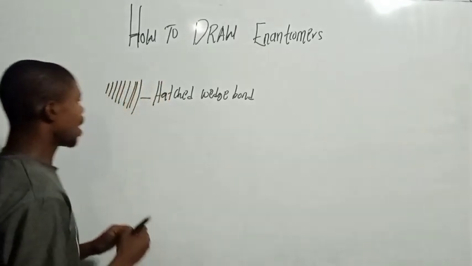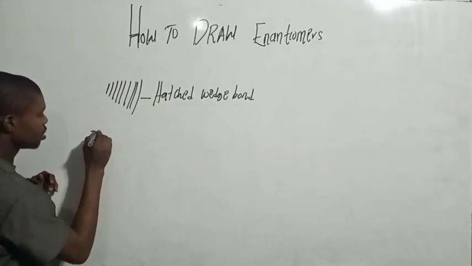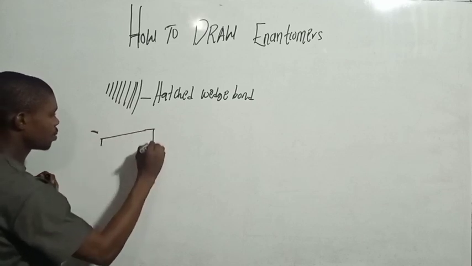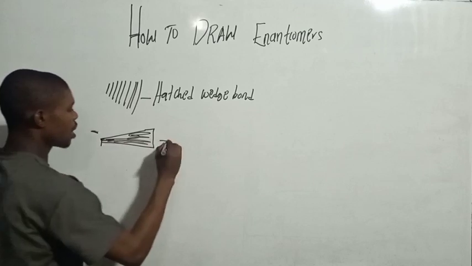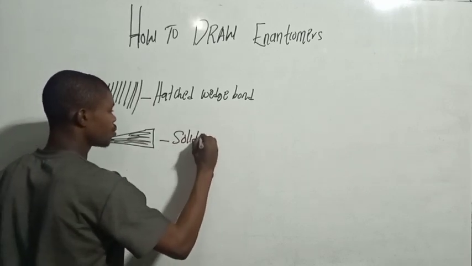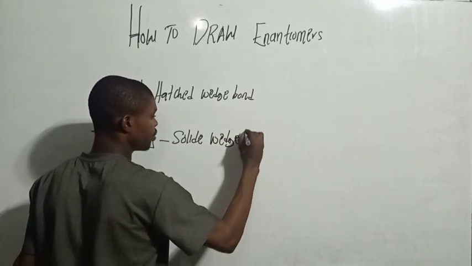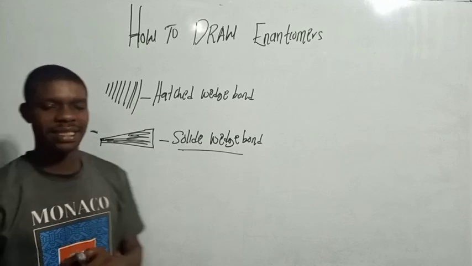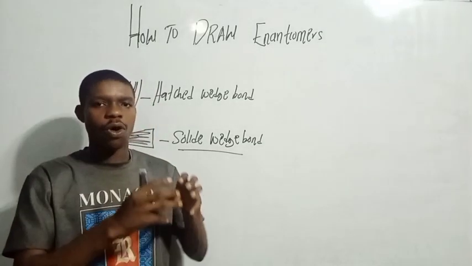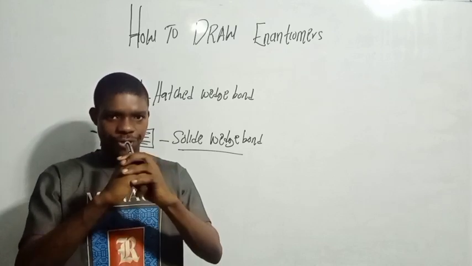And we have the solid wedge bond. This solid wedge bond represents the group or atom projecting towards the viewer.